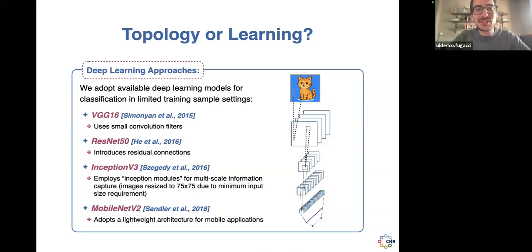So we consider convolutional neural networks: VGG16, ResNet, which introduced residual connections, Inception V3, which integrates Inception modules for capturing multi-scale information, and MobileNet V2, which adopts a lightweight architecture specifically designed for mobile applications.